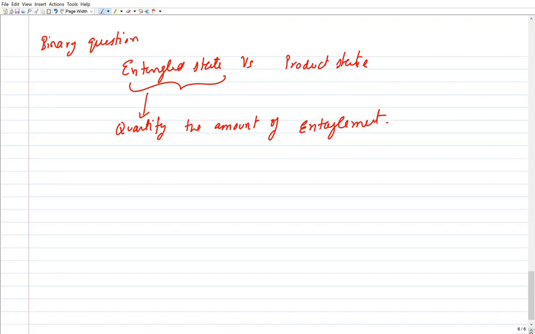I know now that a state that is not a product state is an entangled state, but what is the degree of entanglement in that state? Is it nearly zero entanglement, or nearly maximal entanglement? In general, that's going to be our focus, and for that we come to something called the Schmidt decomposition.